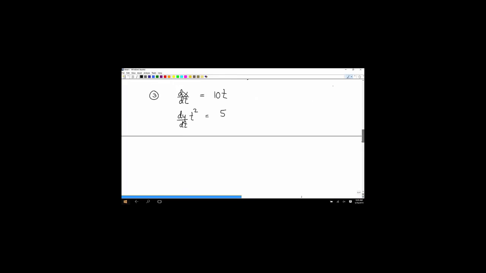The difference is we still only have one independent variable, that's t, and x and y are both functions of t. So we can be solving for a million functions and still have it be an ordinary differential equation. t is the independent variable, and we want to find x of t and y of t.